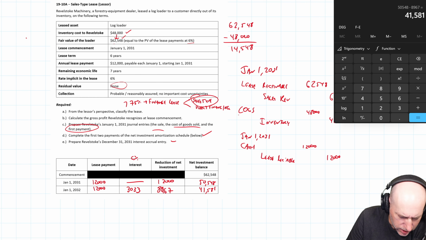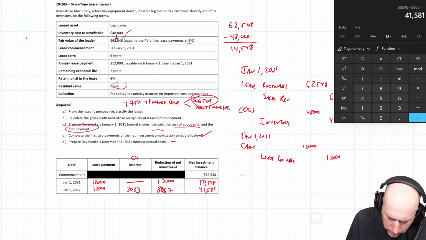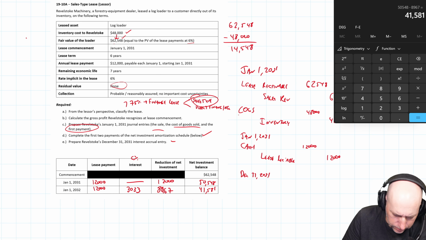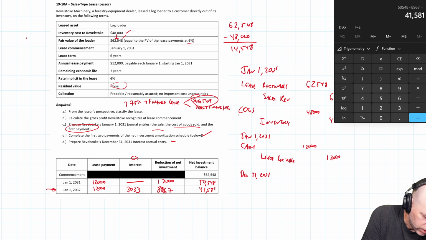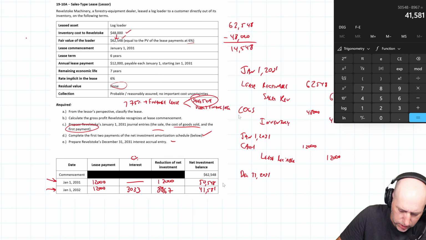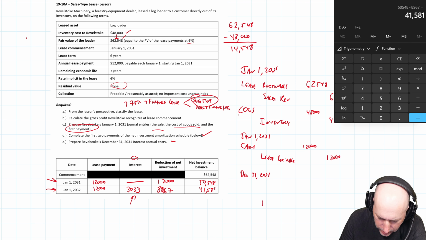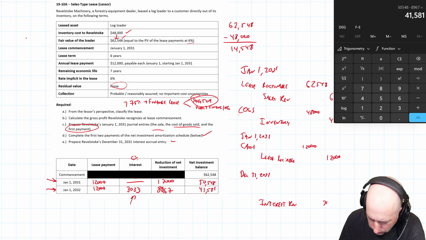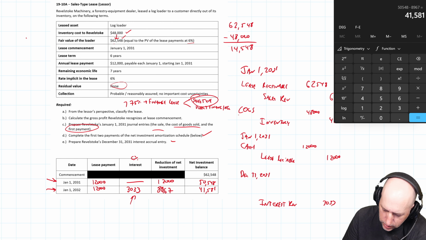Next, we've got to do the interest accrual on December 31st, 2031. Well, how much interest is built up? We've already done this line, right? So cancel that, we don't need to use that. We're going to use the next line down, and it's just like, how much interest is there? Credit interest revenue. This is us earning interest on the lease. 3,033.